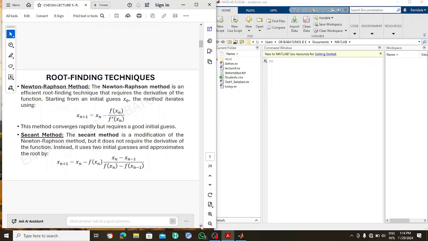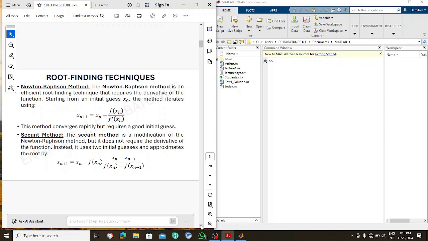What does that mean? F of xn means we have a function that depends on x, okay? And the value we are looking at when we say f of xn is the value of that function when your x is equal to xn. You know, x could be any value, but at this time we are focusing on the value of that function when our x is equal to xn.